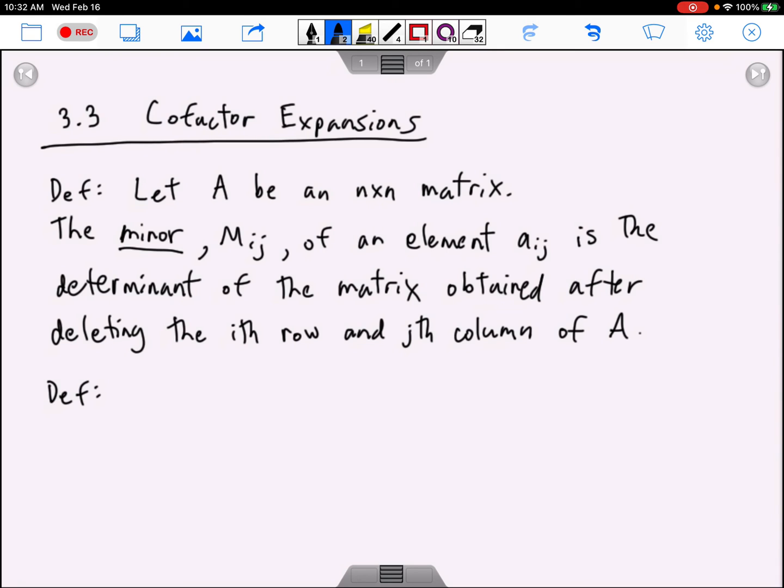So definition, let's let A be an n by n matrix.